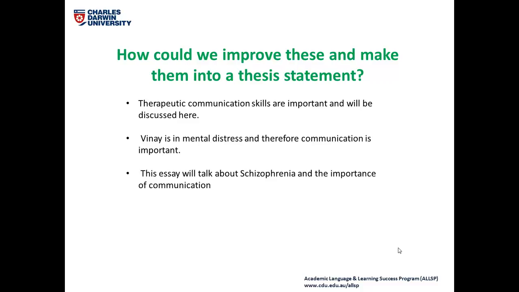That is something that can be proven and is achievable within a small word limit. It is essential to understand how therapeutic communication skills contribute to creating a successful therapeutic relationship because of the need to develop trusting relationships with patients, such as VNA, during admission. Okay? Again, a different way to present a thesis statement, and they all contribute to answering the question.